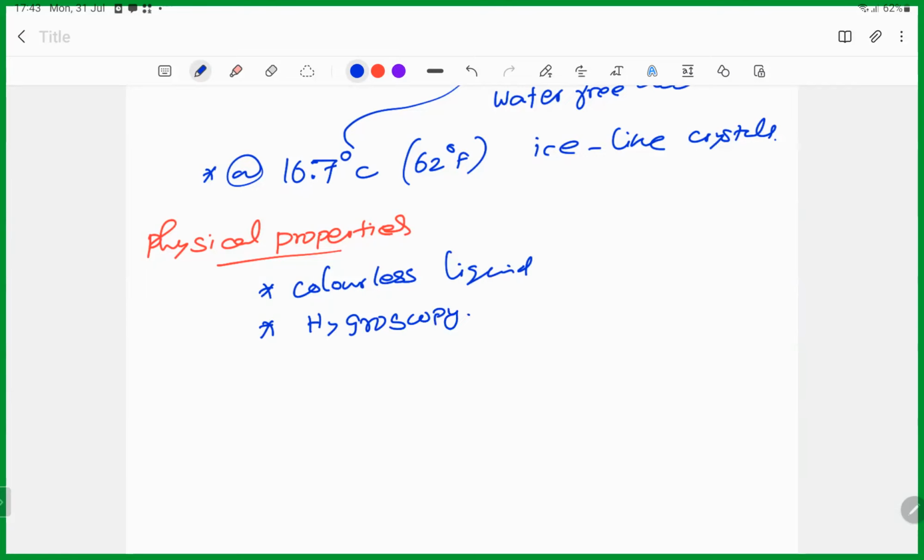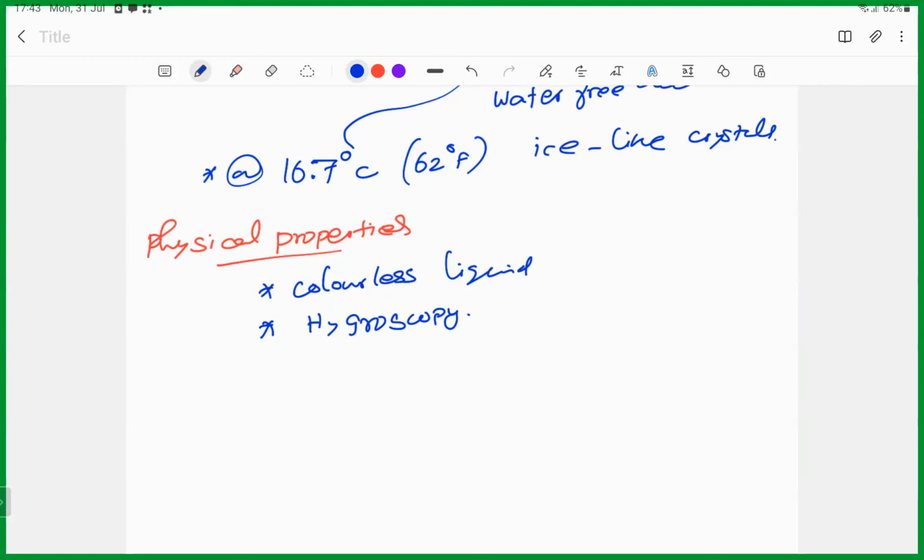When the crystal is kept away from moisture, it stays a powder or crystal. As long as it is at 16.7 degrees, it is a crystal. When you bring it to room temperature, what will happen? It absorbs moisture from the environment. That's why you say hygroscopic.